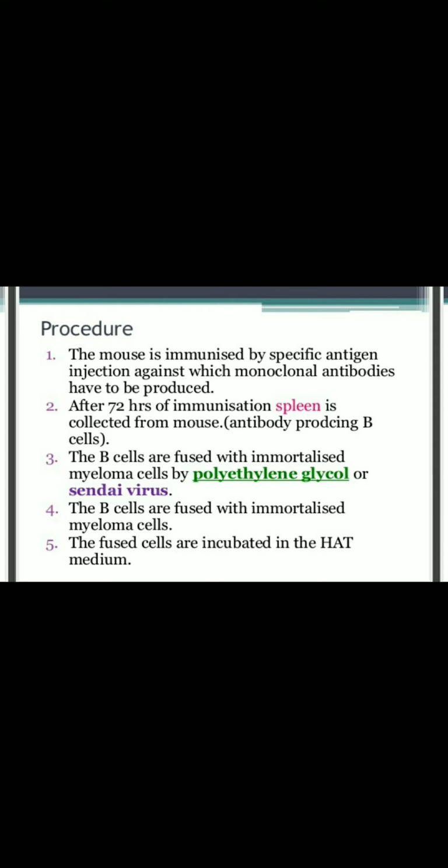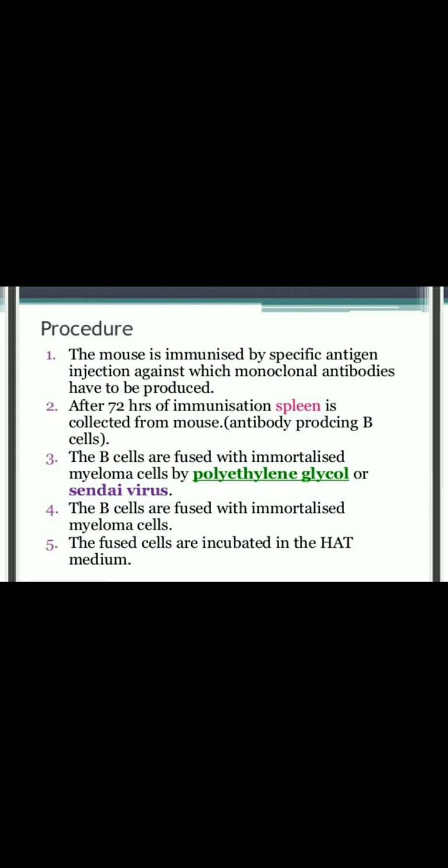The procedure for production of monoclonal antibodies: the mouse is immunized by injection of the specific antigen against which the monoclonal antibody has to be produced. Here we isolate or select the mouse in which we are injecting the antigen.